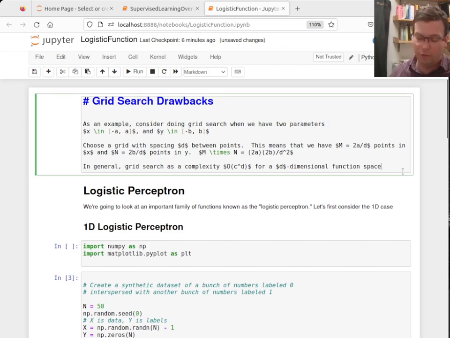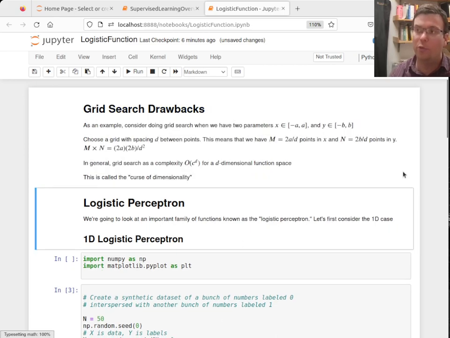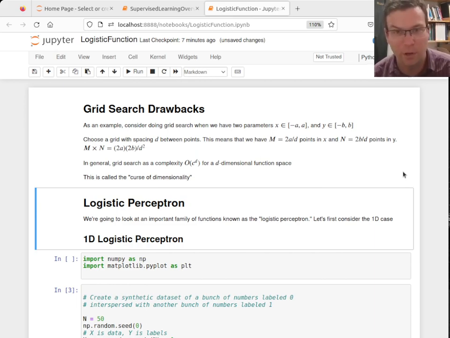We call this the curse of dimensionality. So the more parameters that we have in our model, the worse this is going to be. And just to give you an idea of how bad this can be, some of the neural networks that we're going to look at have like 1 million parameters or more. So some constant to the millionth power, that's bad news. That's probably going to be way more than there are particles in the universe.